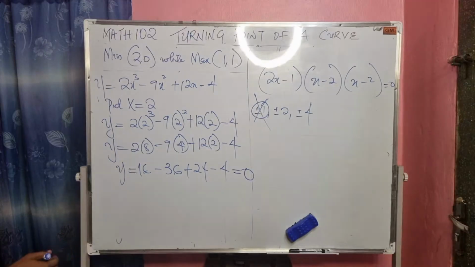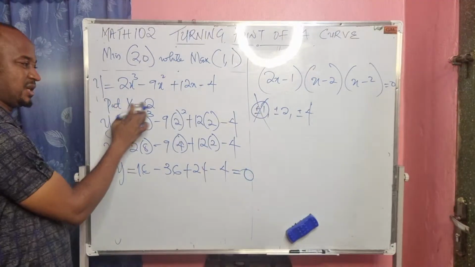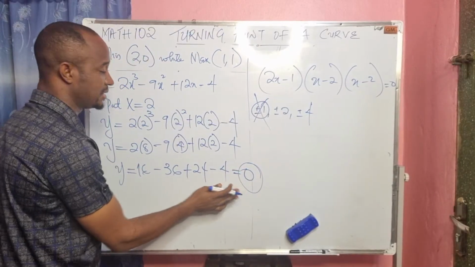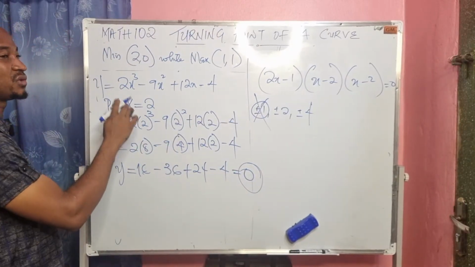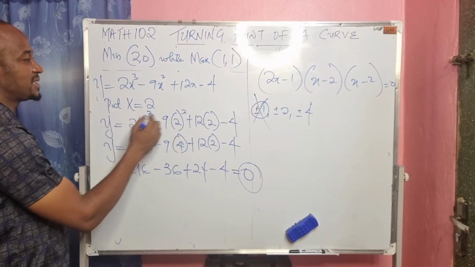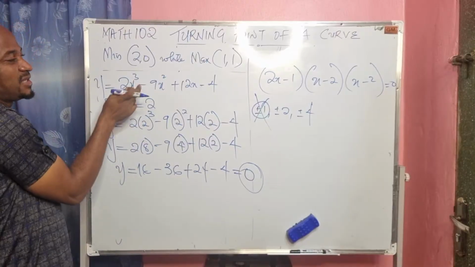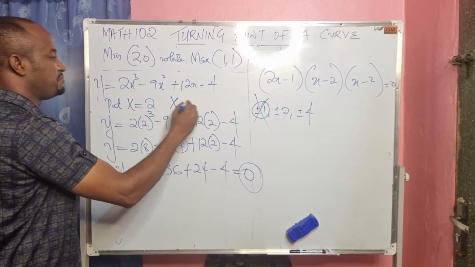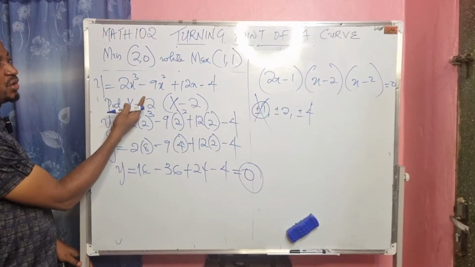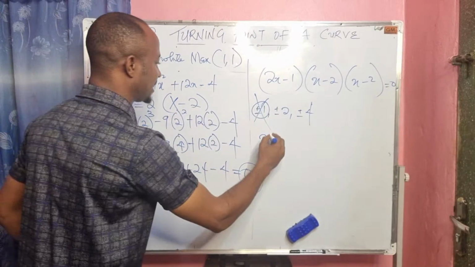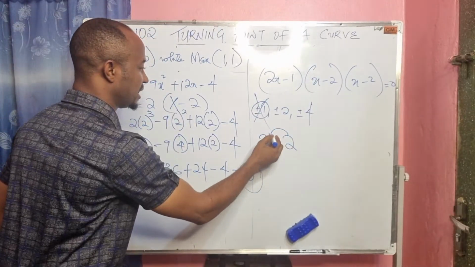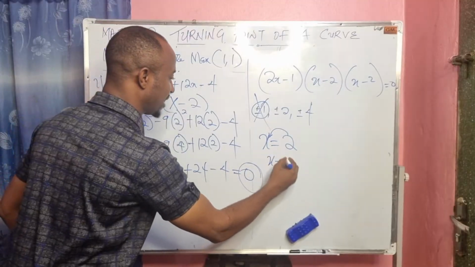Now, what do you notice here? When we put the value of x equals to 2, we have 0. Are you there? That implies that x equals to 2 is a factor. So if x equals to 2 is a factor, it means I will divide this function with x minus 2. How do we get x minus 2? When you take this 2 to the other side, if I'm saying that x equals to 2 is a factor, that means when you bring this to the other side it becomes x minus 2.